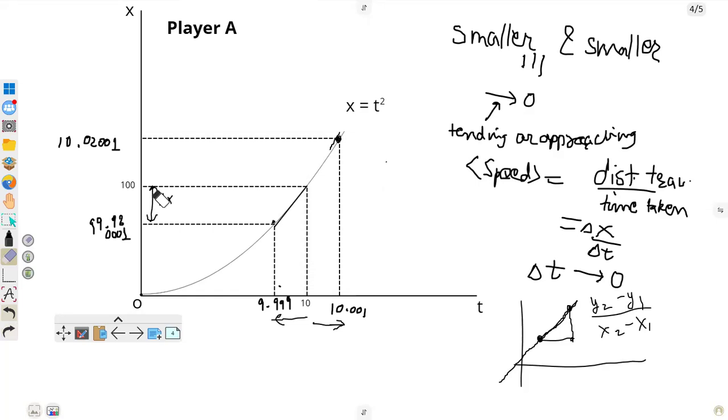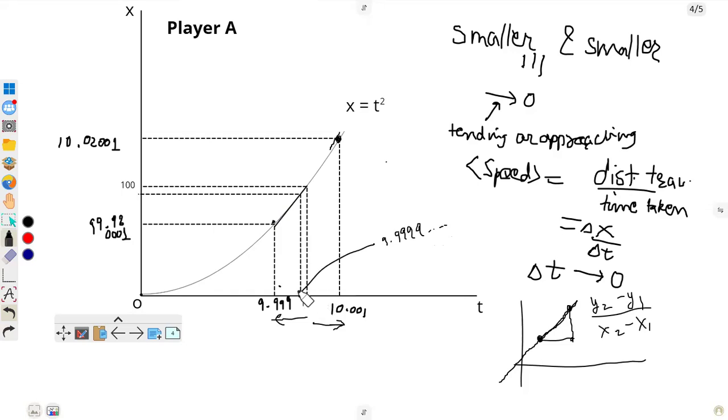Okay, it's better now. So अगर मैं 10 के बहुत पास एक टाइम इंटरवल कंसिडर करूं, very close to 10, say it's 9.99999 and so on.